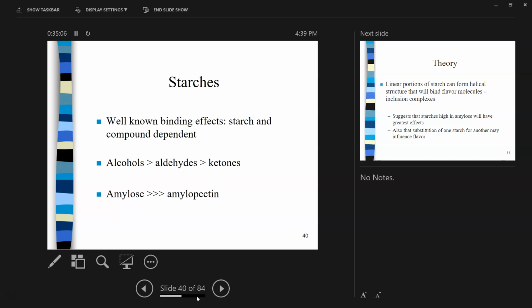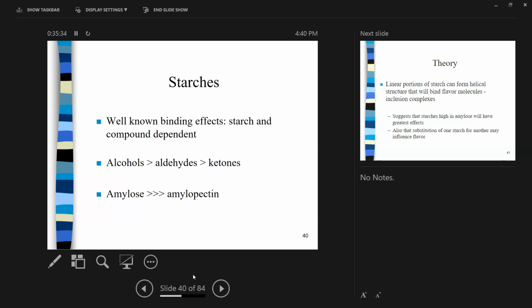Starches have been looked at really pretty well, and this is some old data. It says alcohols are bound onto starches more readily than aldehydes, and aldehydes are bound more readily than ketones. So different parts of your flavor will bind different flavor compounds. I think everybody's familiar with amylose. When you gelatinize it and it retrogrades, it forms an alpha helical structure.